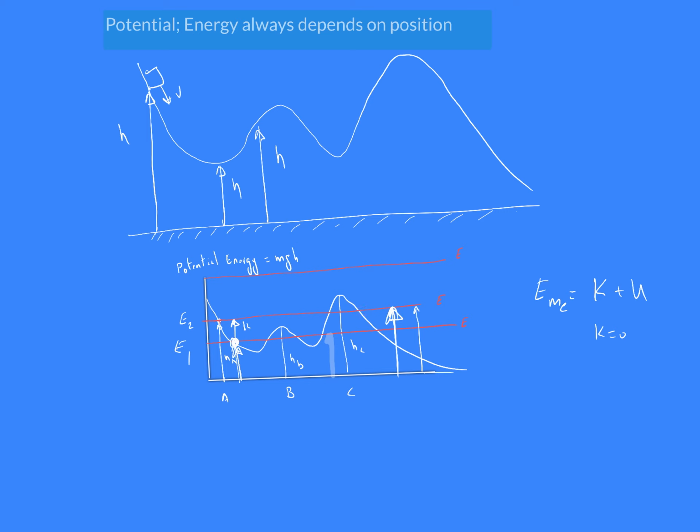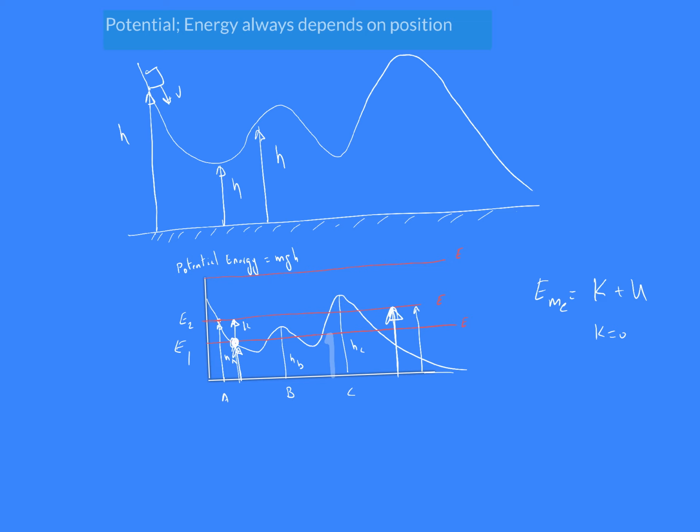So the question is like this: if it has E2, can the object starting here arrive to here? And the answer is no. Having mechanical energy E2, it will not be able to arrive at the top of this point.